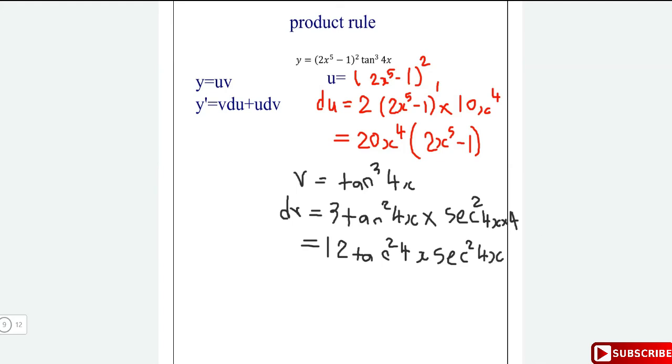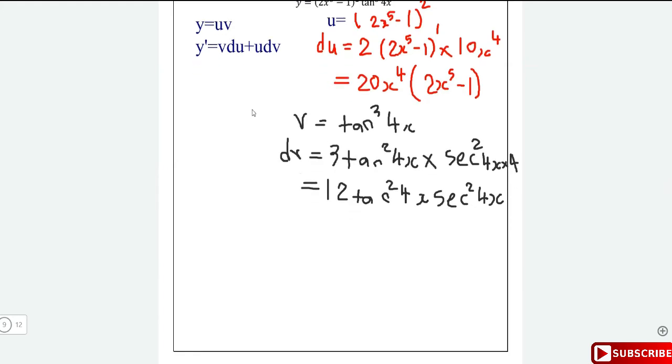The only thing we have to do now is put them together. Because remember, this is y, but we want dy by dx. So what we're going to do now is write that dy by dx is equal to, remember, it is v du plus u dv.